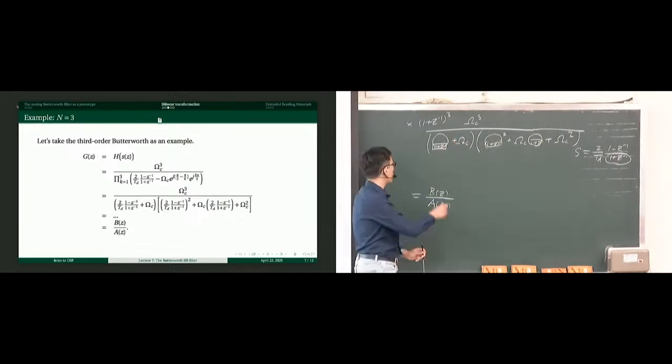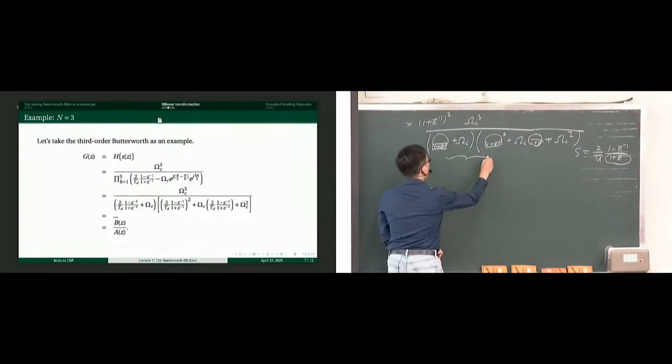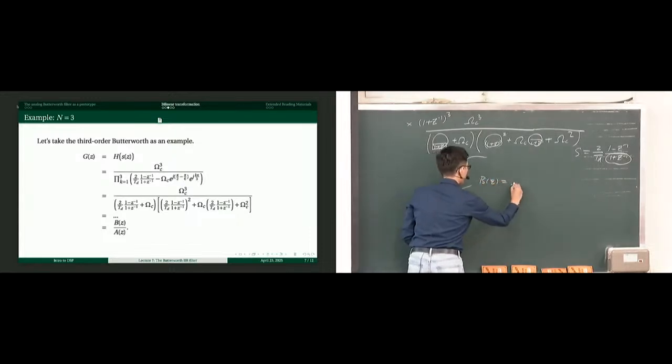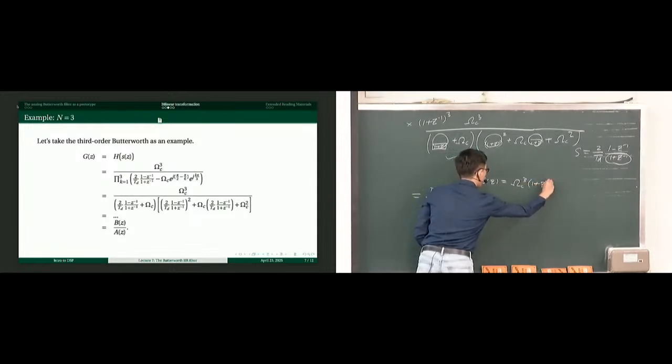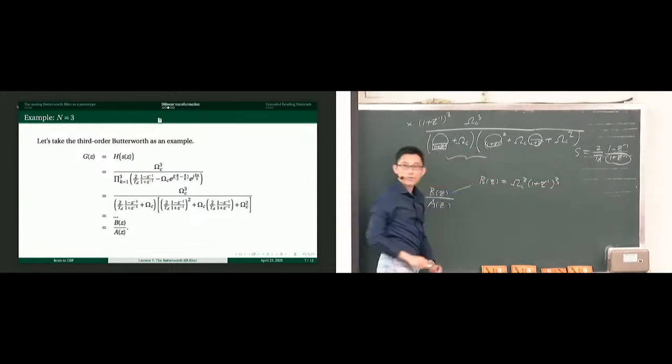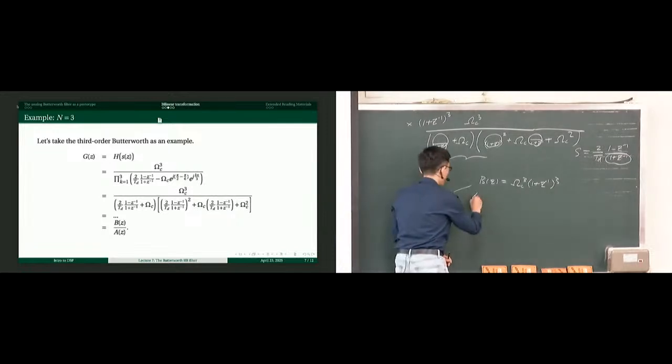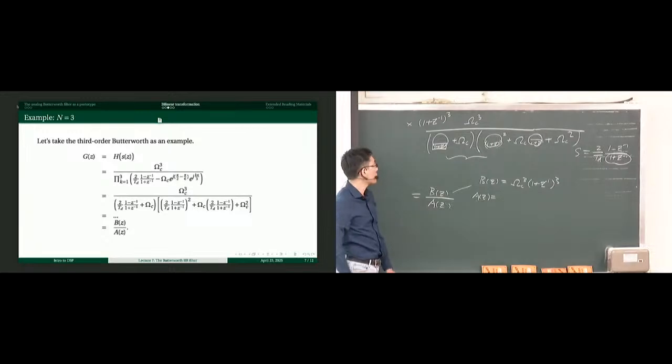After doing that, B of z seems to be just omega c, the cutoff frequency, to the third power, times 1 plus z inverse to the third power. We get this, okay? But how about A of z? I will not find the final expression because your computer, MATLAB, can do it for you.